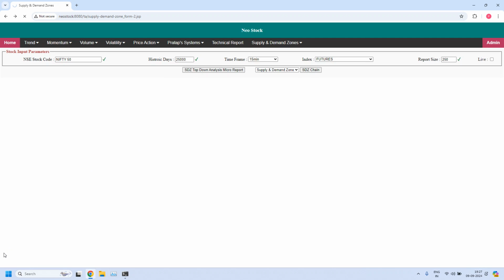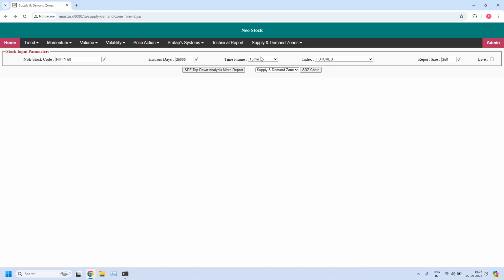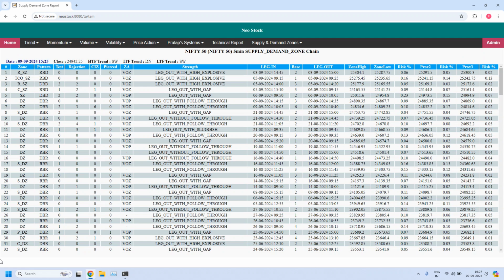I'm generating the 15 minute supply demand zone chain for Nifty. Next time frame is 5 minutes. Generating the 5 minute supply demand zone chain for Nifty. So this is about the Nifty supply demand zone chain.